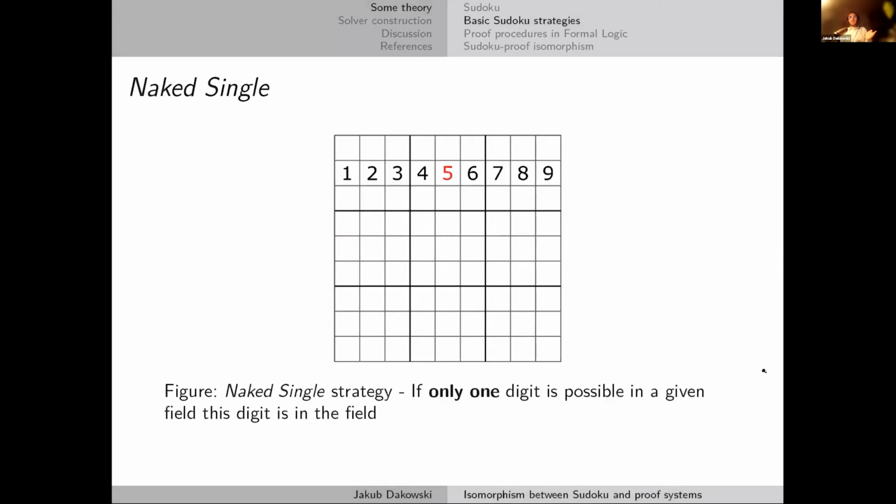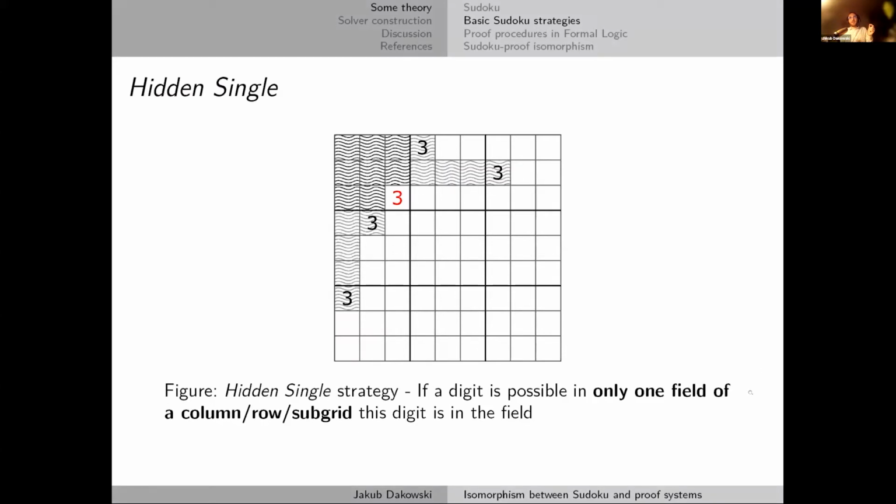So here we were discussing whether there is only one digit possible in the field, and here only one field is possible for the digit in a given column, row, or subgrid. As you can see here, 3 blocks the rest of the fields for us, so we can place the 3 in this red field.